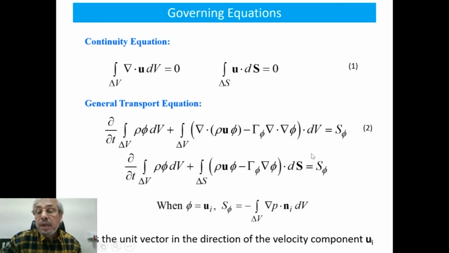And this source term, as you can see in the Navier-Stokes equations in the x, y and z directions, or three perpendicular directions, is grad of phi dot n dV. So the pressure gradient forms the source term. Similarly, we will have to write the corresponding source term in the energy equation when we reuse this equation as the energy equation. Here ni is a unit vector in the direction of the velocity component ui.